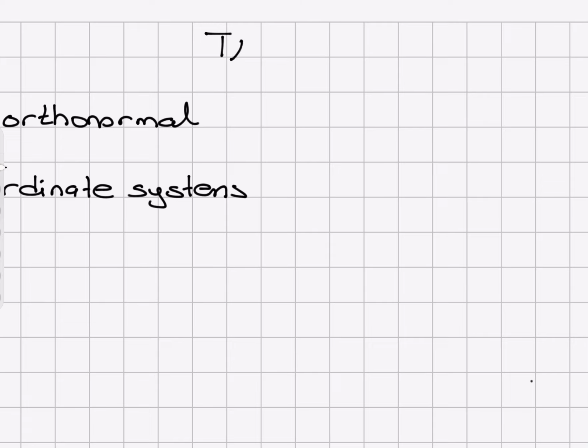T_lm is equal to T_rs prime a_rl a_sm. So you can see that this is telling you you have an addition over the first index here, and then in the first index of this transformation matrix for the transformation to the unprimed coordinate system.